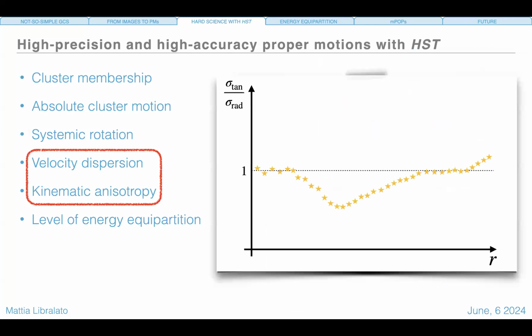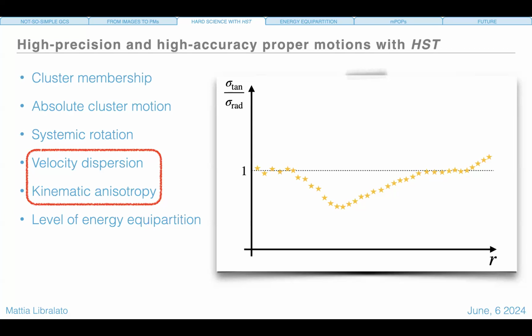Okay, so going back, velocity dispersion and kinematic anisotropy is the second ingredient that we can get. Here I try to sketch the anisotropy profile that we expect to see for some clusters with proper motions, which is something that we might expect according to how the cluster formed, its subsequent evolution, and interaction with the surrounding galaxy, and which has been partially, at least, probed also with observations by HST and Gaia.